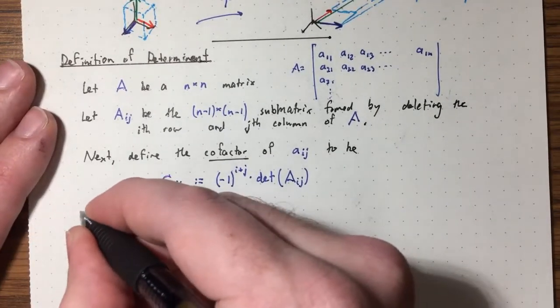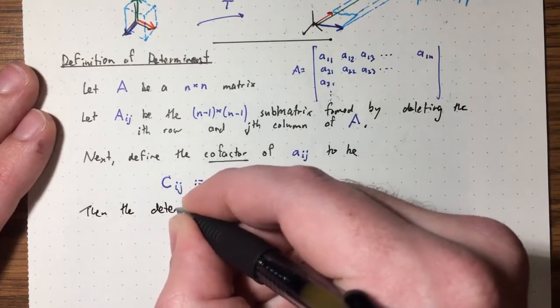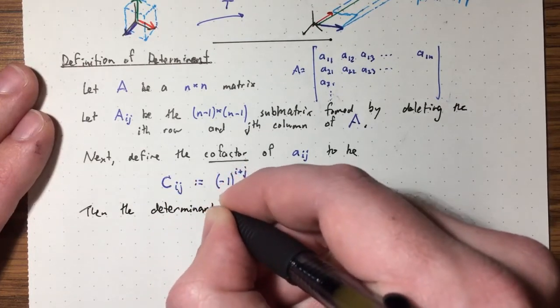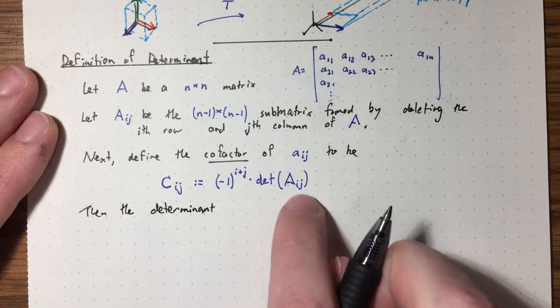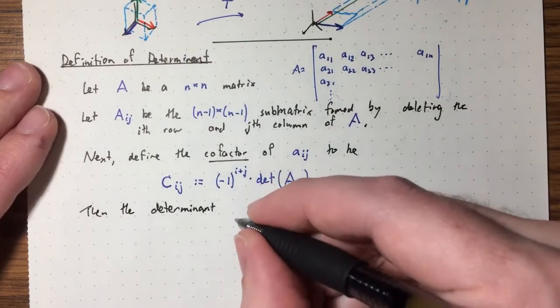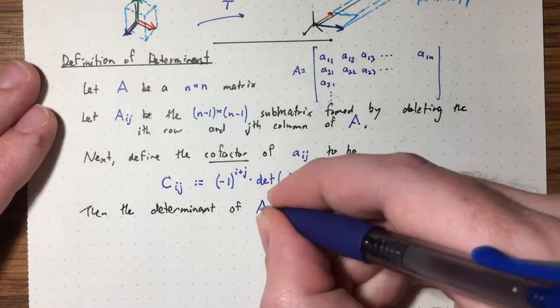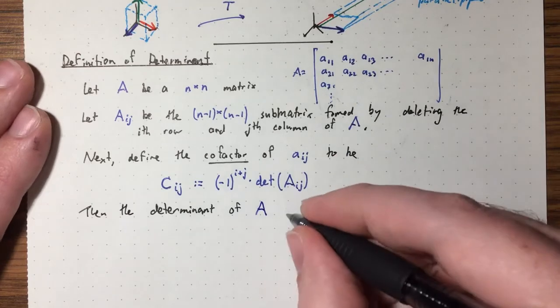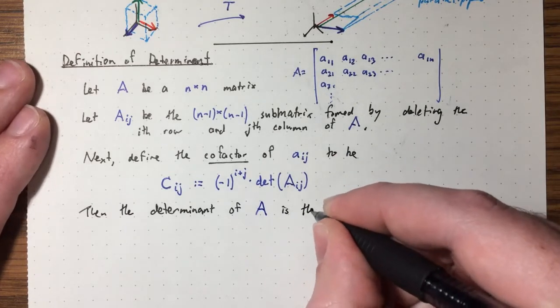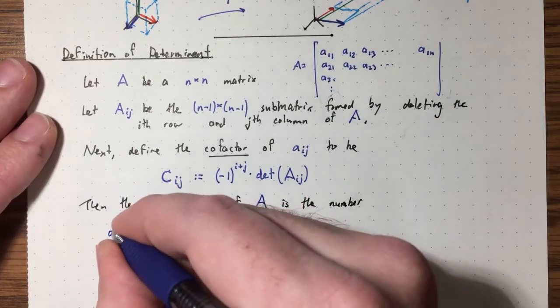Okay, I'm almost there. So then the determinant, what is the determinant actually? And you might be saying, well, wait, this is circular, right? Because I already used the determinant there. It's not circular, actually, because it's going to be a recursive definition. But the determinant of A is a number. It's the following number.